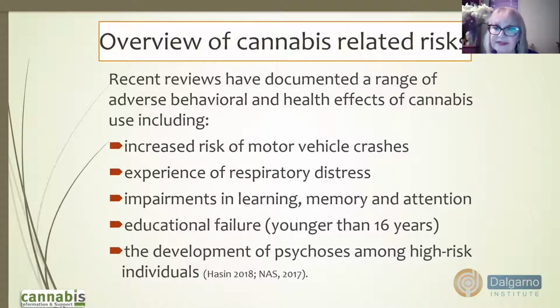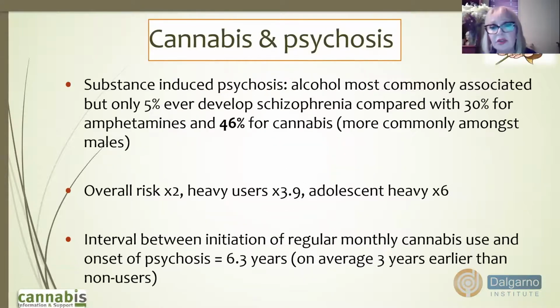The development of psychosis is something I'll just mention a little bit more about because it is the most commonly discussed cannabis-related harm. And there's still much debate about chicken or egg, but my summation of the literature with my colleagues would be that whilst cannabis use typically precedes the first psychotic symptom, and it does seem to be making an important contribution to causes, the relationship is clearly not one-to-one because as cannabis use goes up, we don't see the same kind of direct increase in schizophrenia and psychosis.